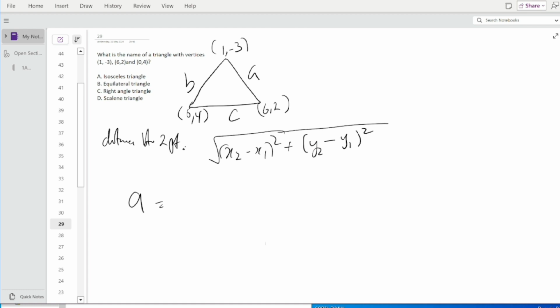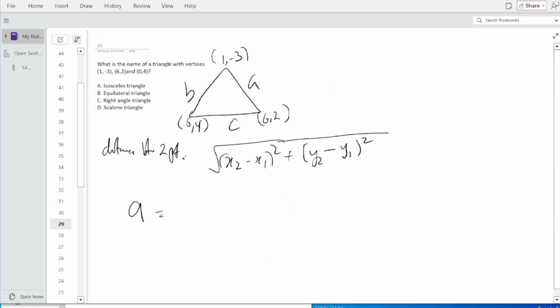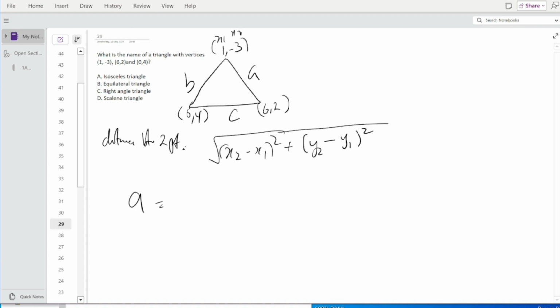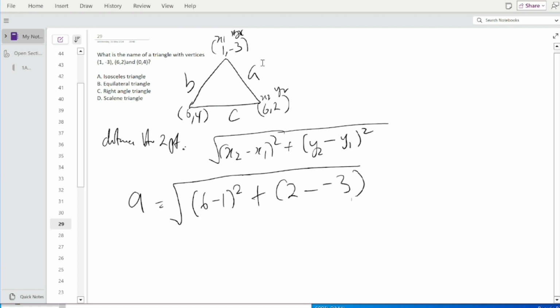For our A, we'll take this as our x1, y1 and this as our x2, y2. It says x2 minus x1 all squared, so we have the square root of open bracket 6 minus 1 all squared plus our y2 is 2, then minus 3. You have 2 minus minus 3, because you have to subtract y1, and y1 itself is minus 3, all squared.